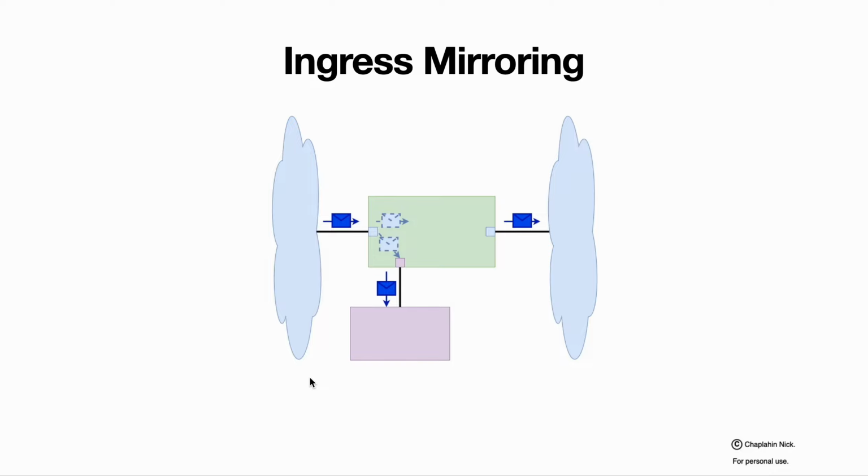Ingress mirroring means that we're copying frames that are ingressing our system through a specific port or interface, the source port or interface that we defined as a source for mirroring. Only frames that ingress our system, it doesn't matter what happens then. Will they egress some port or not?